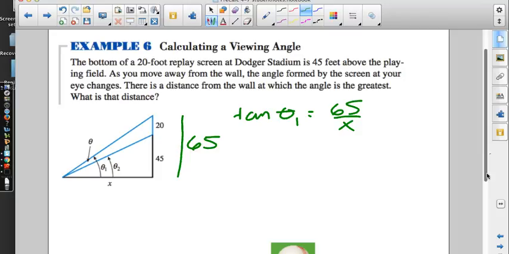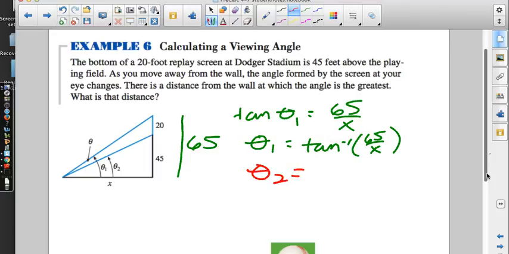But they asked me for the angle. So they don't want the ratio of the sides, and that means I have to use the inverse. So theta 1 is going to equal the inverse tangent of 65 over x. Theta 2, I have to subtract away because I just want that piece that's in the blue. That's all I want. So I do the same thing with theta 2, and I realize 45 over x, tangent.